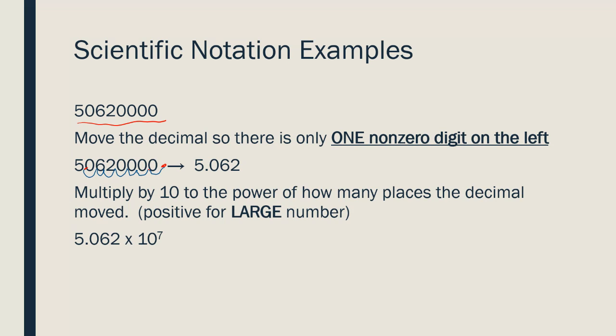So that's a total of 1, 2, 3, 4, 5, 6, 7 jumps. So the number we're left with is 5.062. And then the exponent of 10 is the power of how many places you move the decimal. In this case, we moved it 7. That was a huge number to start. So it's 5.062 times 10 to the 7th because we moved the decimal 7 places.